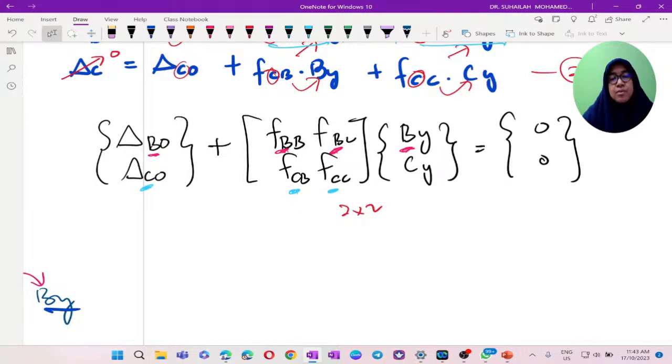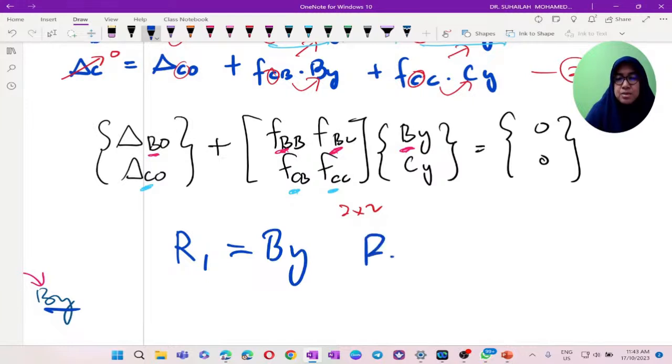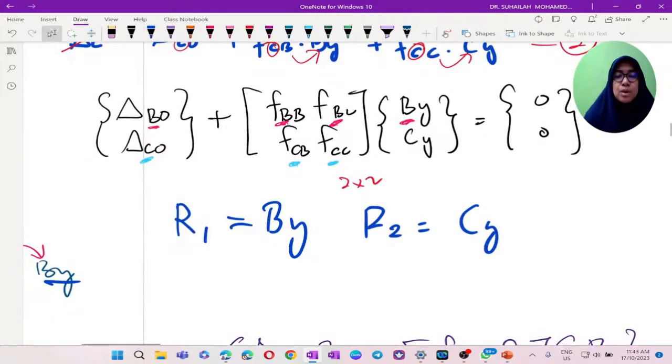We now replace BY with R1 and CY with R2. Now we will change the label of notation from BC to numbering, because when we use BC, it is just specific for this particular question.